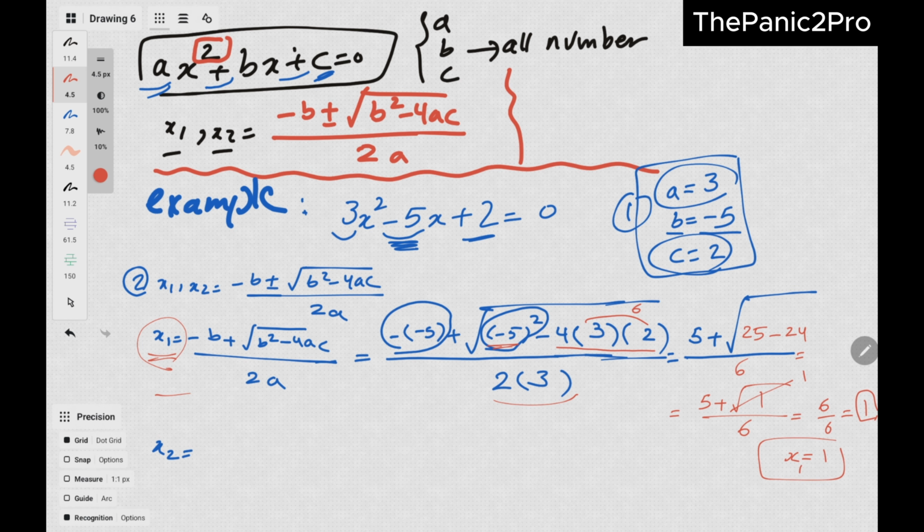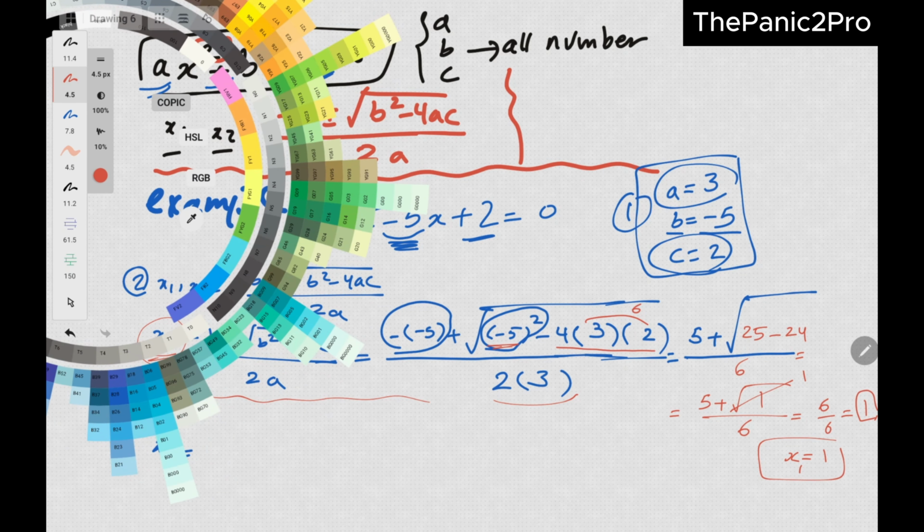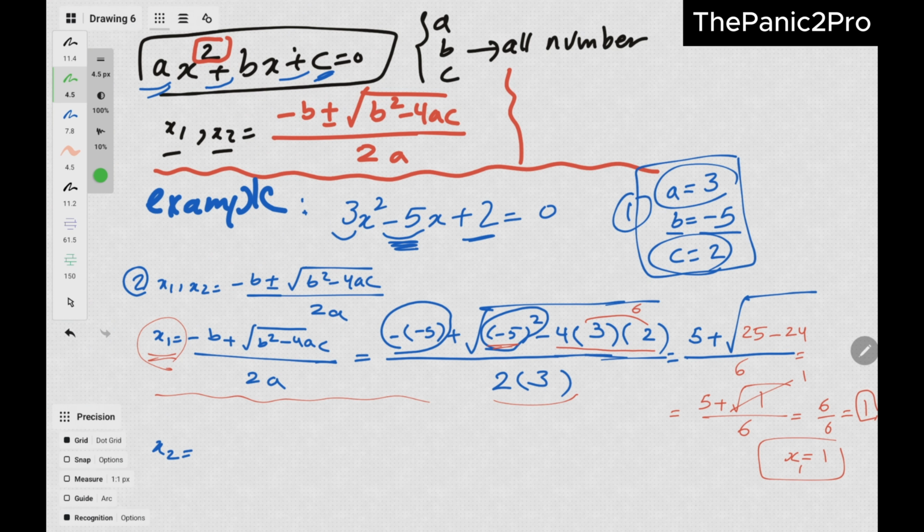We got the x1. Now let's go to x2, right? I'm going to write x2 in another color. Let's put it in green. Same, minus b. Now instead of plus, we put minus. Remember here, we had minus b plus minus something. The plus goes for x1, the minus goes for x2. So then it's going to be minus b minus the square root of b2 minus 4ac over 2a.